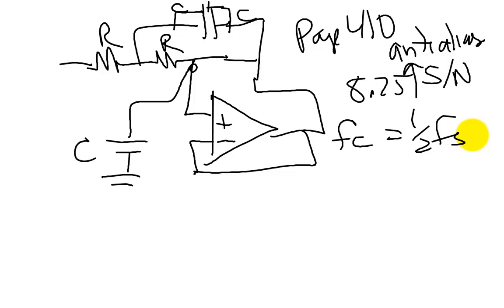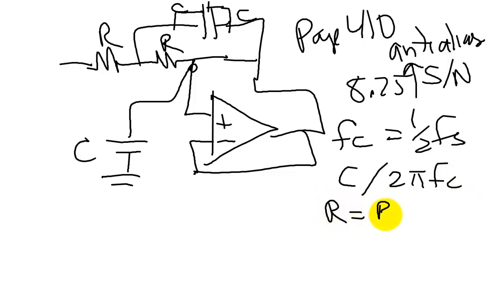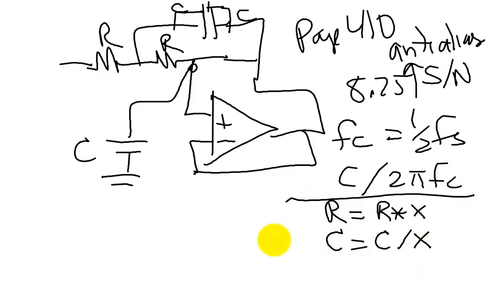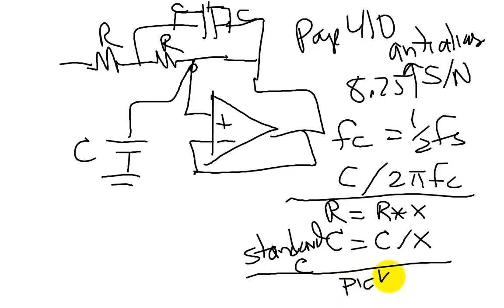And so the steps are to divide the capacitors by 2 pi FC. Find a factor X, R equals R times X and C equals C divided by X, to get a standard C. And then you can pick a standard R. That's the sequence. All right.